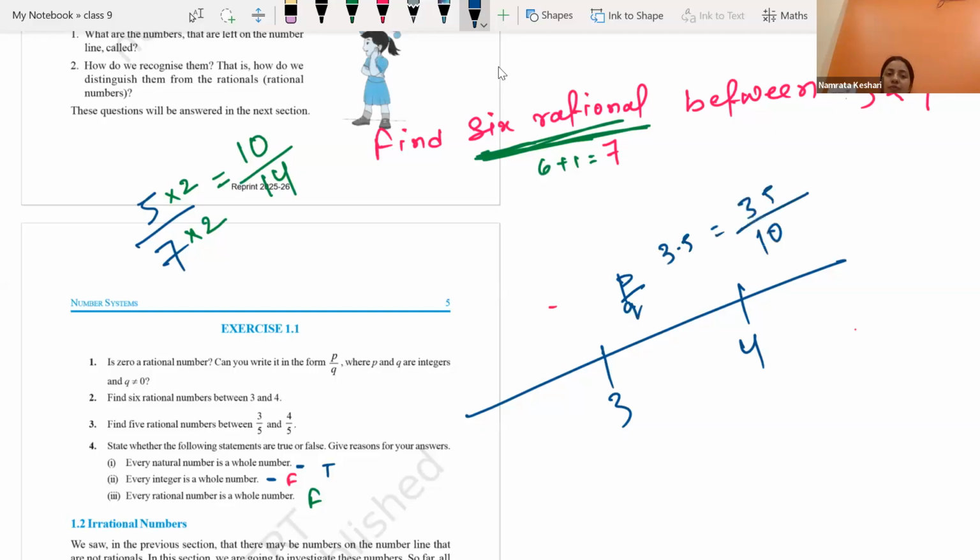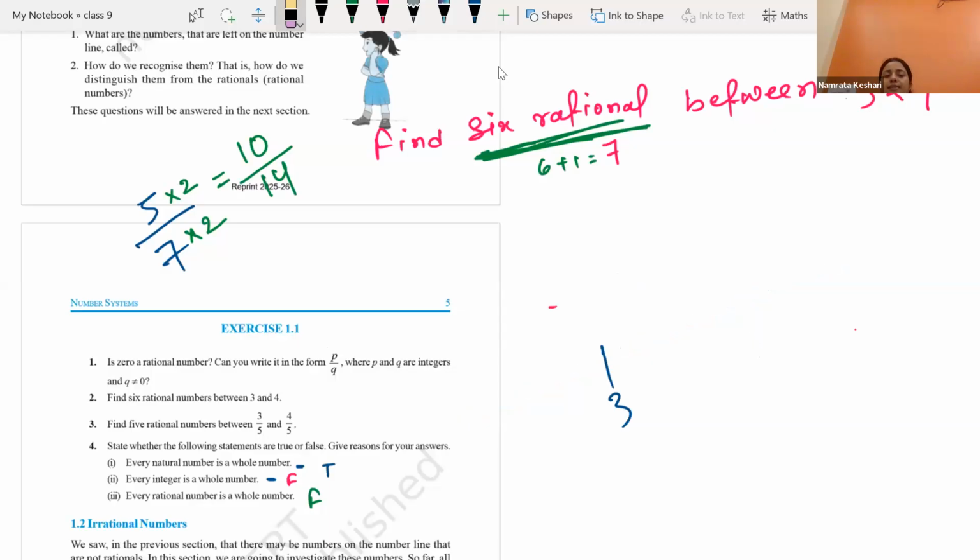But here there is an easier way not to go this way. There is another way which is really simple: we can make the equivalent fraction for 3 and for 4. How?